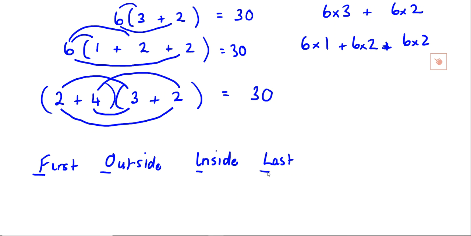They say, I'm going to FOIL it, and they just mean they expand the brackets. Now, you might say, why do I bother? I would just do 2 plus 4, make it 6, and do 3 plus 2 and make it 5, and do 6 times 5, wouldn't you?